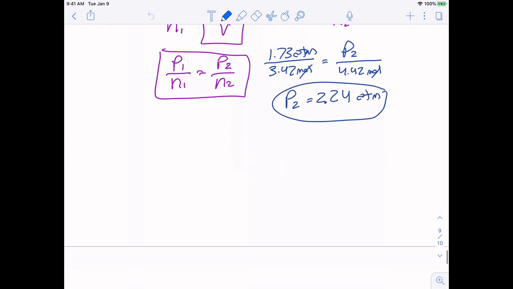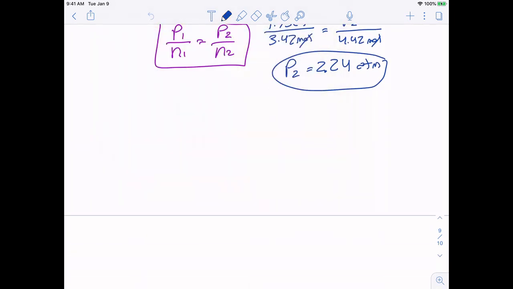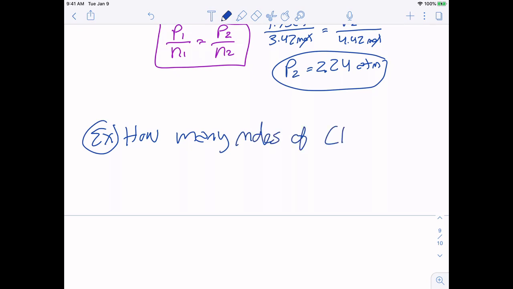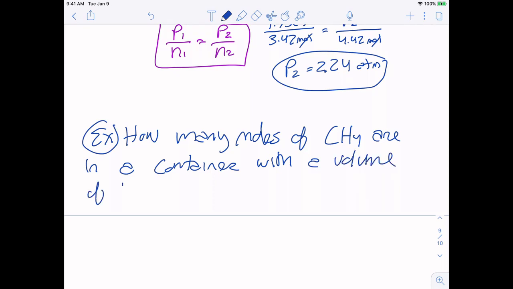So another example for us. Let's say how many moles of methane gas, which is CH4, are in a container with a volume of 1.00 times 10 to the 5th liters, so a very large container, at STP.